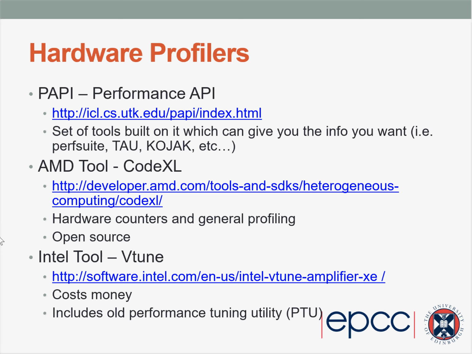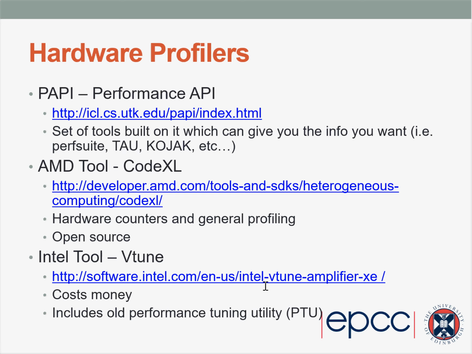So the PAPI library is one way of interfacing with hardware counters across a range of processors. AMD have their own tools, Intel have their own tools. So these can be quite interesting. Interestingly, it's one of the areas where ARM processors are a bit weak at the moment. There isn't much in the way of counters and access to a wide range of hardware information yet, but it is coming.